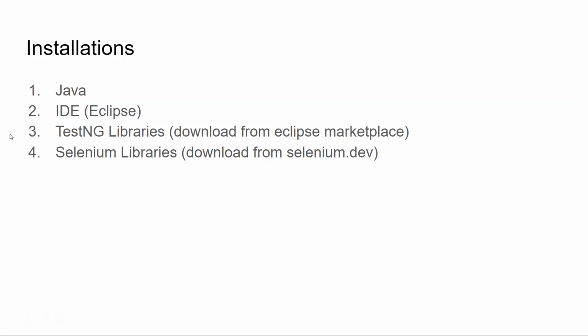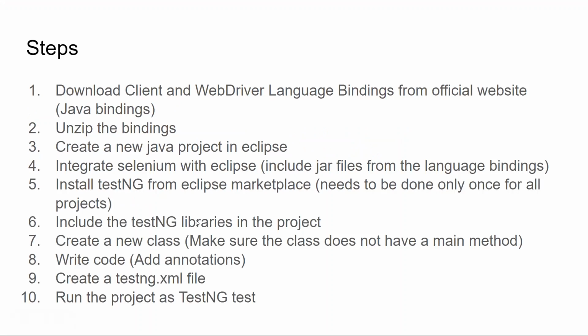So in short, TestNG will allow us to run all the test cases in a single click and will give you the results in the form of a report. And then finally, we'll be requiring the Selenium libraries, which you can download from the official Selenium website. Okay, so these Selenium libraries are the client language bindings and the drivers for your browsers. So we'll be downloading that from the official website.